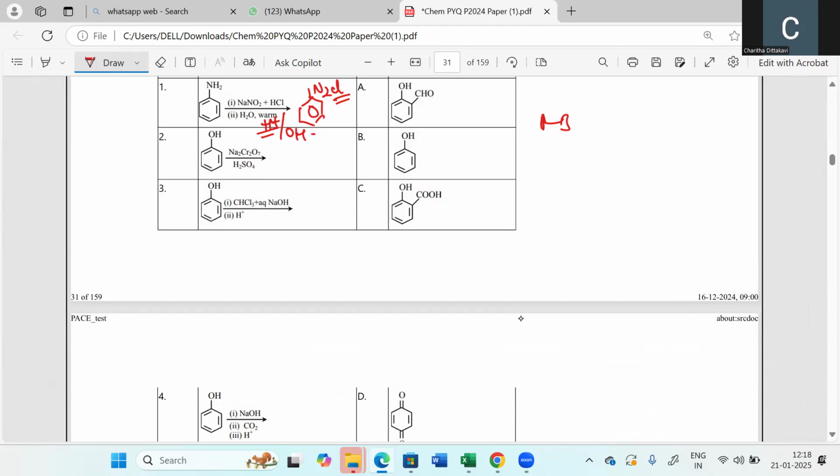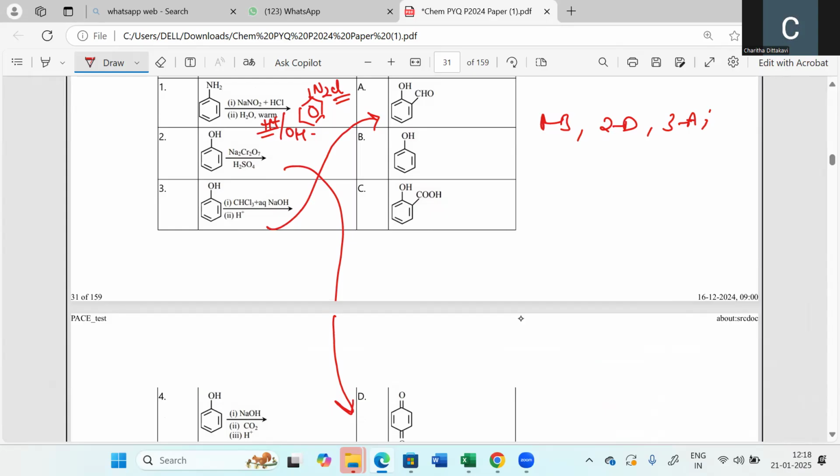Next, number 2, Na2Cr2O7, and this is benzoquinone. 2 goes with D. And phenol with CHCl3, NaOH, this is your Reimer-Tiemann reaction. Reimer-Tiemann reaction will give you aldehyde, so 3 goes with A. All name reactions.